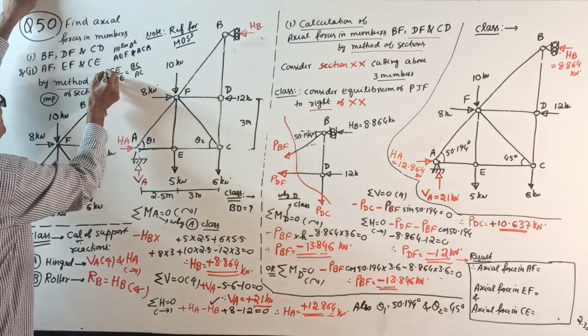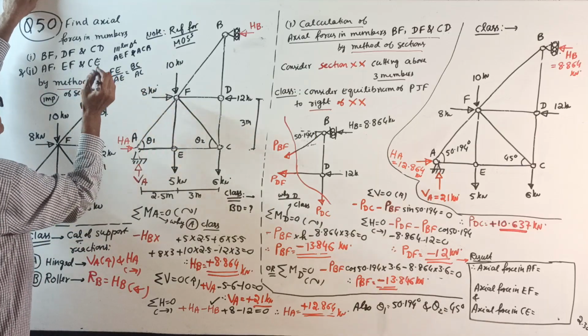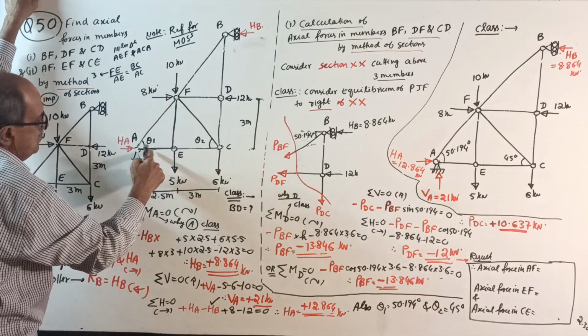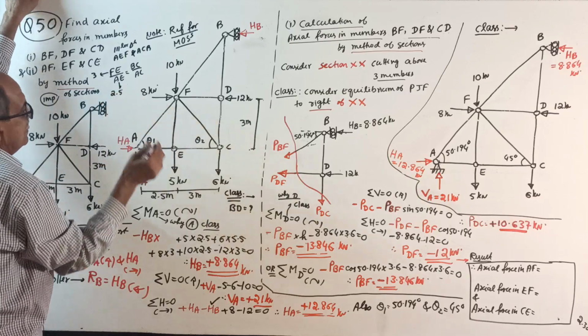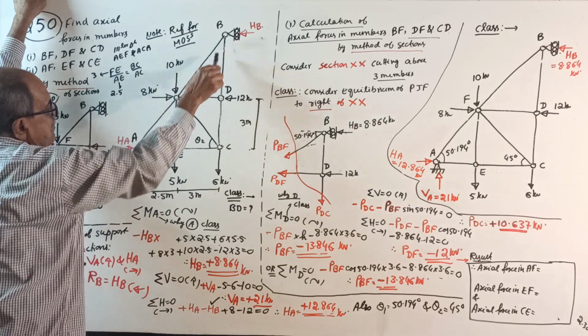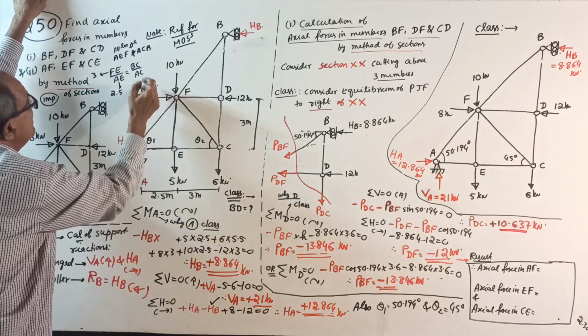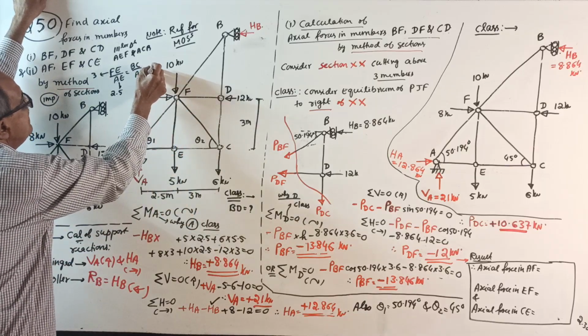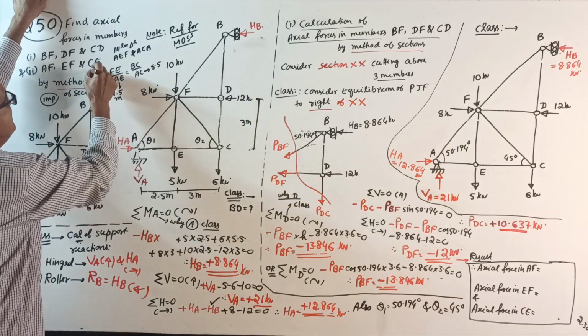Now FE equal to 3 meter, AE equal to 2.5 meter. BC divided by AC, and AC equal to 5.5 meter.